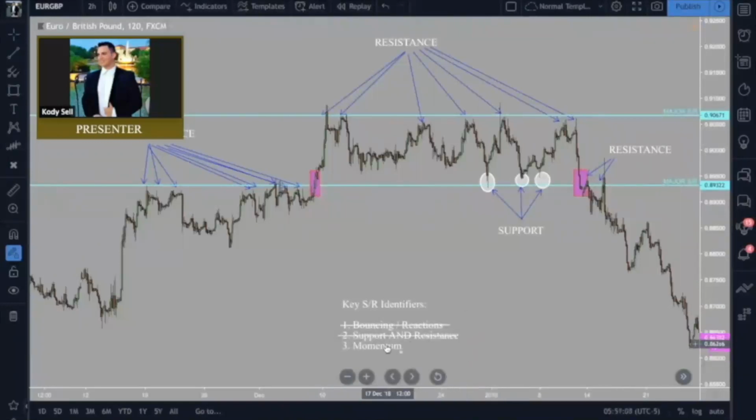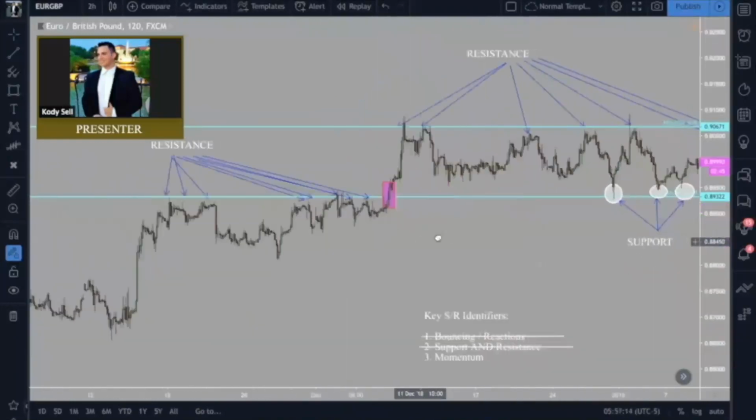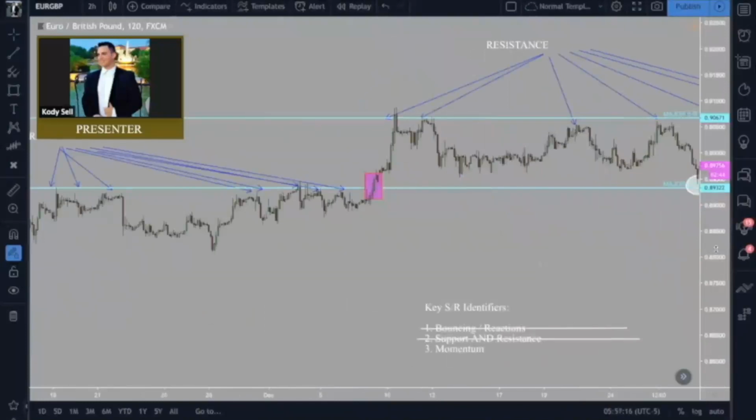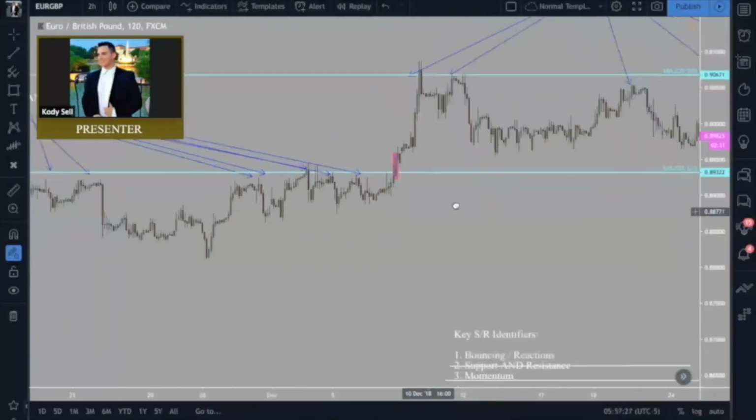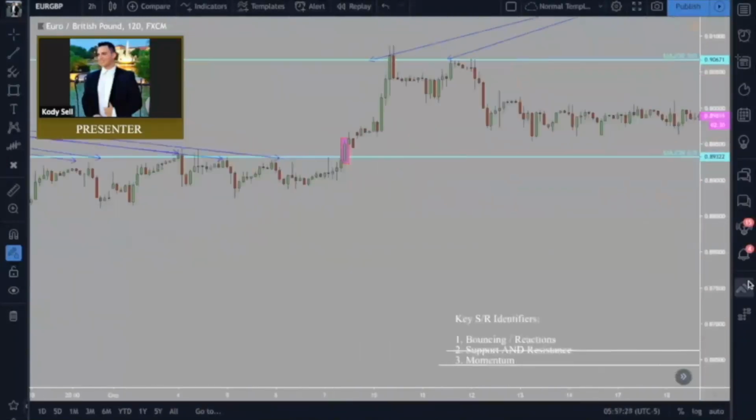So did it take a lot of momentum to break through the level? If you zoom in over here and you take a look at this, you'll see that this candlestick right here was actually a pretty decently sized candlestick if you compare it to the other candlesticks around it.